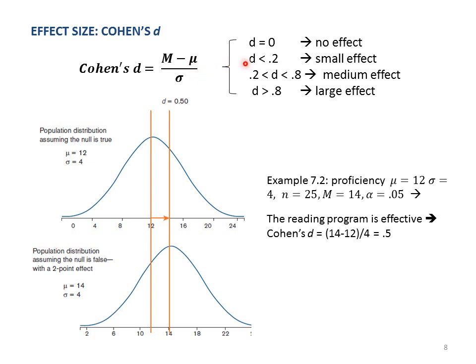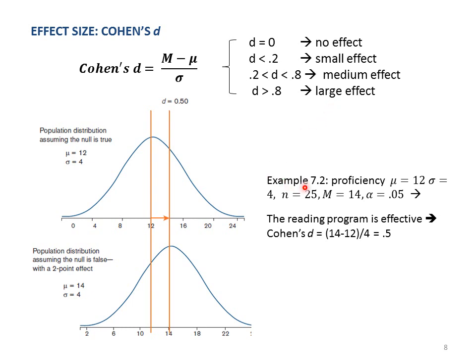And the d increases as the differences between the two means gets larger. And when d is smaller than 0.2, it's considered a small effect. When d is between 0.2 and 0.8, it's a medium effect. And when d is larger than 0.8, it's considered a large effect.